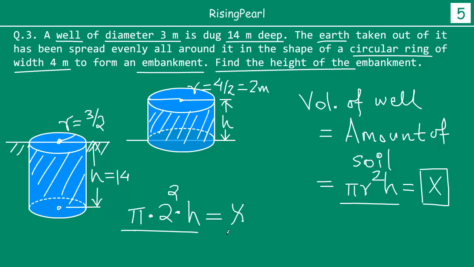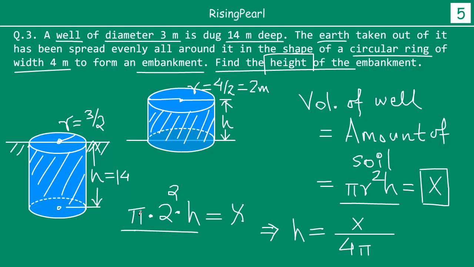So from here we can actually solve for h, which is this height we have to find out. That height is equal to x divided by 2 square, which is 4, times pi, right?